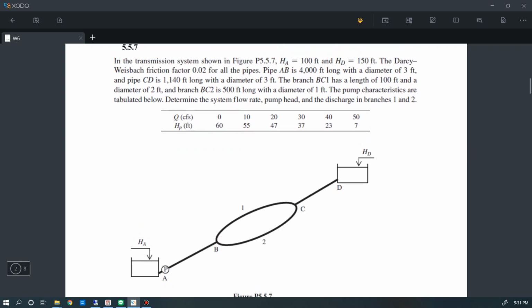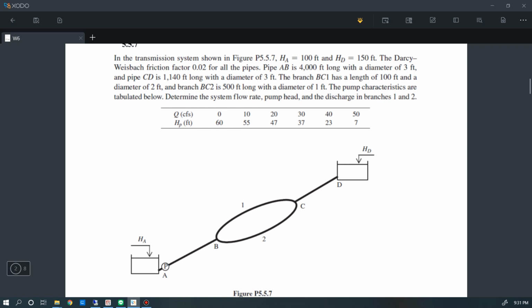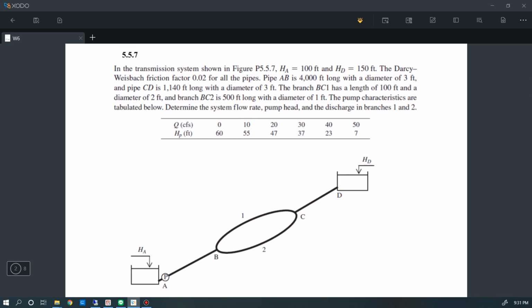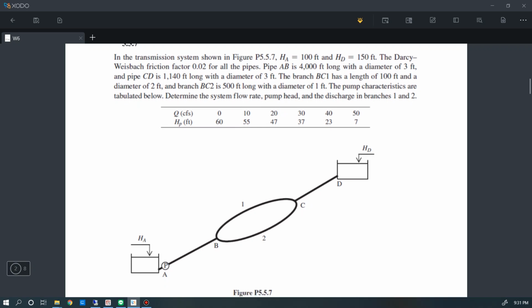And we need to determine the flow rate and the pump head in this system, as well as the discharge in branch 1 and branch 2 in this big segment. So that's just the information given by the problem right now.